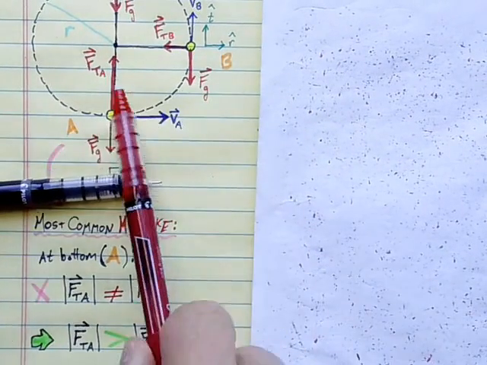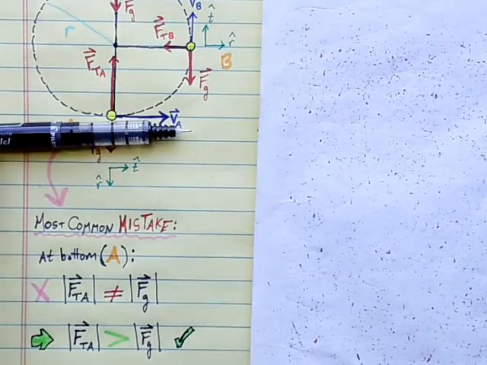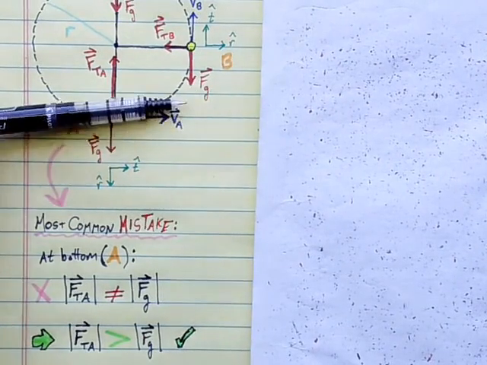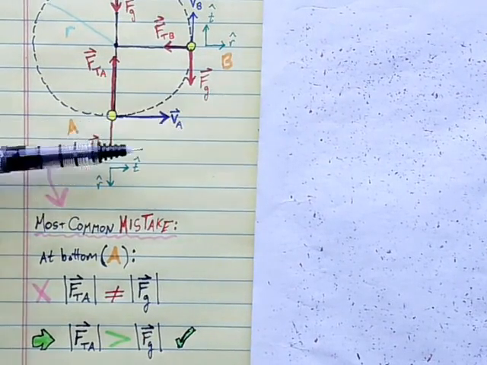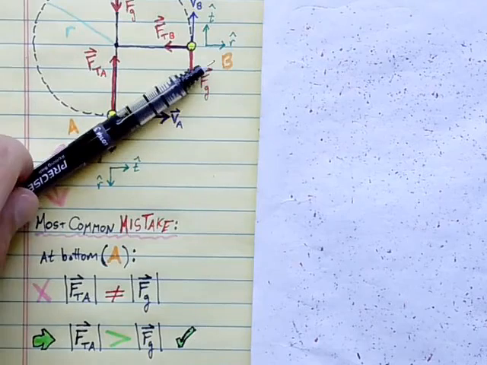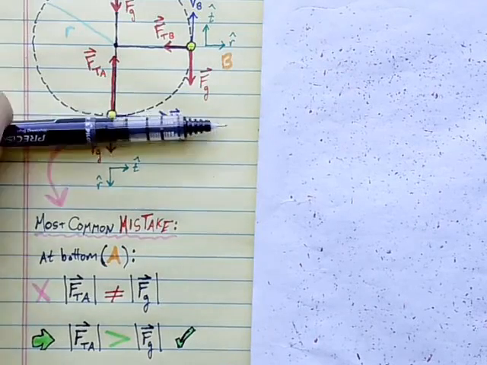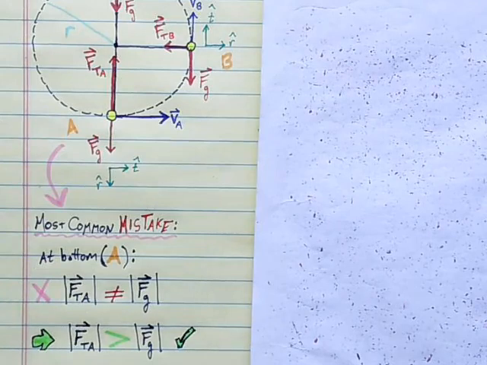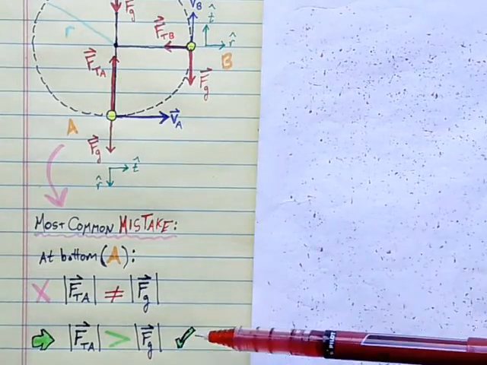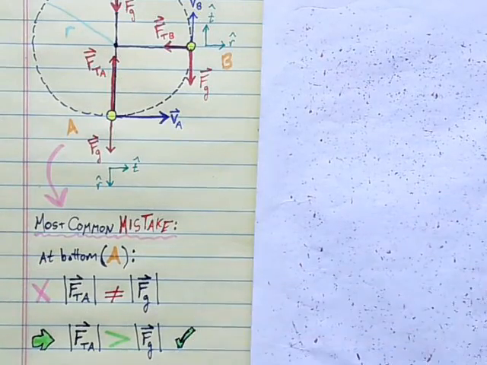This tension here overpowering gravity is going to be tilting velocity upwards, pulling upwards on that, curving the path of the object so that it does not continue to go straight. Okay, so that was probably the single most important thing to cover.